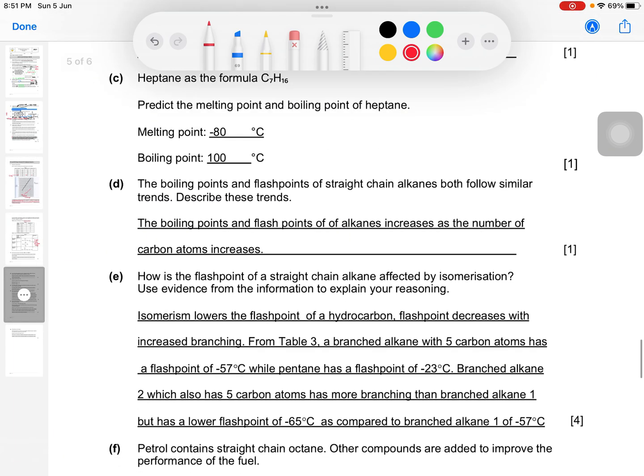How is the flash point of a straight chain alkane affected by isomerism? Use the evidence from the information to explain.